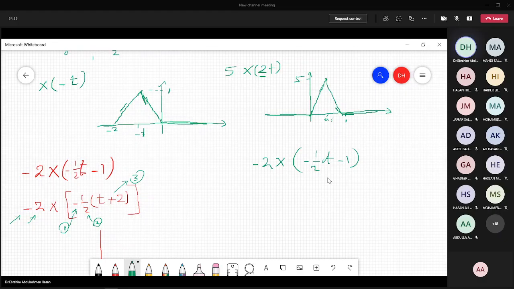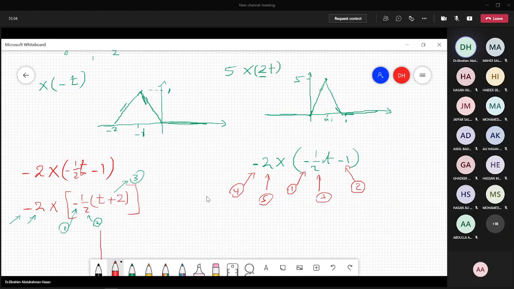Okay, start from this. Then shift it. Then shrink it or expand it. Then here, this is 4, this is 5. Okay, don't confuse yourself. Stick with one way.